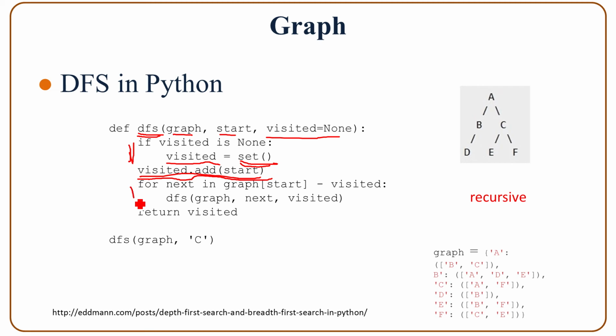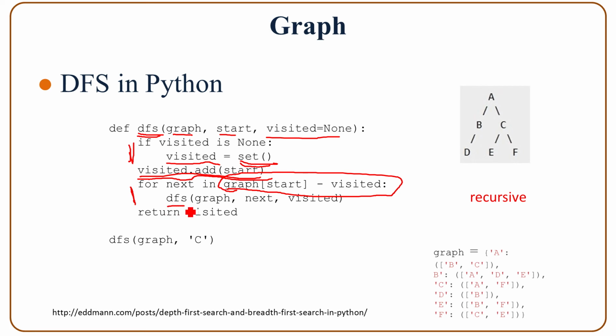And then you have a loop. You loop for every node that you haven't visited. This is just like what we saw previously in the iterative implementation.